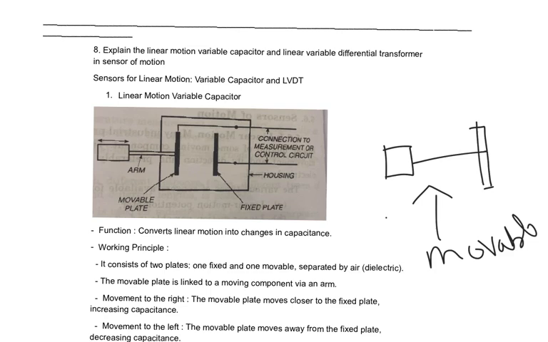The movable plate is linked to a moving component via an arm. With movement to the right, the movable plate moves closer to the fixed plate in order to increase the capacitance. So understand it: by using an arm we move the movable plate towards the fixed plate, and when it is moved towards the fixed plate, the capacitance will increase.